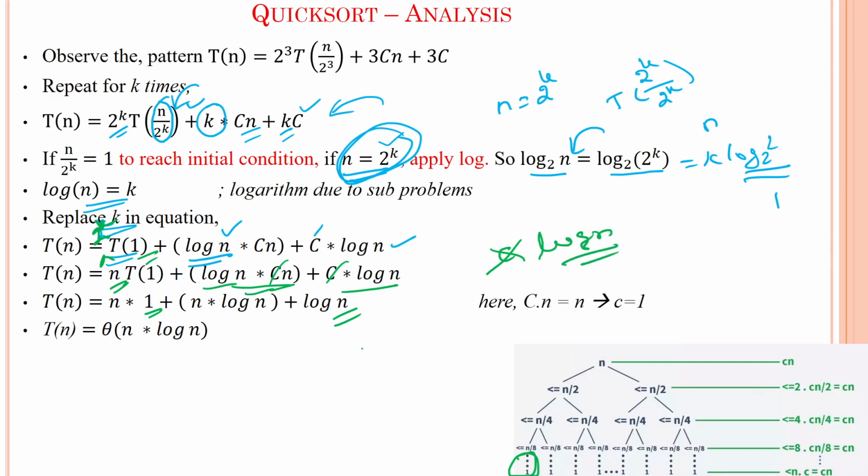So now we are omitting the constants. Finally we are checking lower order terms. N is a lower order term, so we are ignoring this. And here log n is a lower order term when you are comparing with n times log n, so we are ignoring this. So finally you are getting n times log n for quick sort. This is the time complexity of the quick sort algorithm.